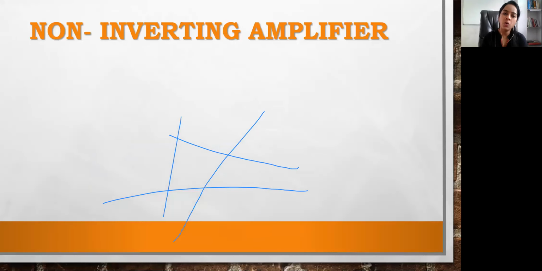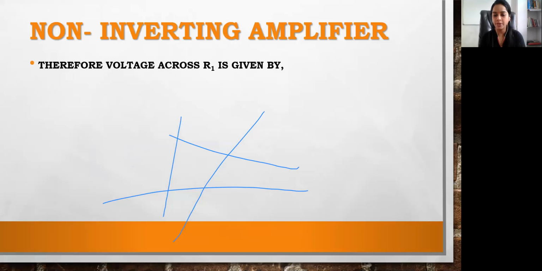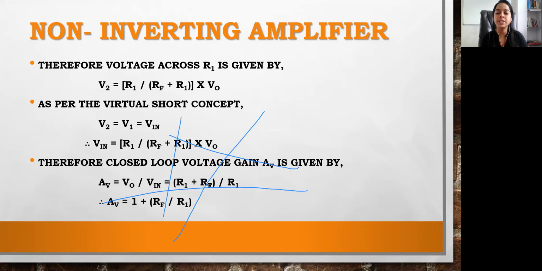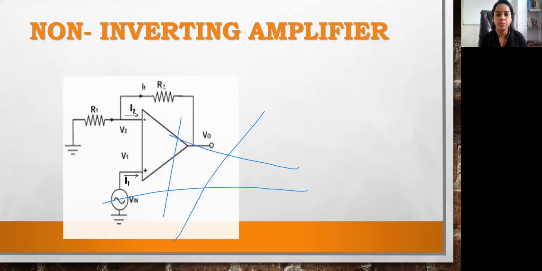Now you can have a non-inverting amplifier also by using an operational amplifier. Here, in a non-inverting amplifier, the input is applied at the non-inverting terminal of the operational amplifier, just like this. A feedback resistor is connected over here, and these are two currents, I1 and I2.